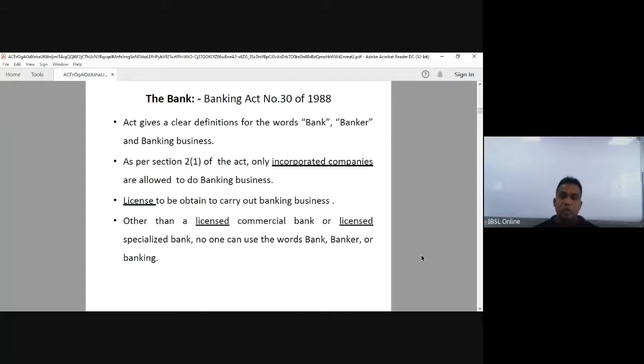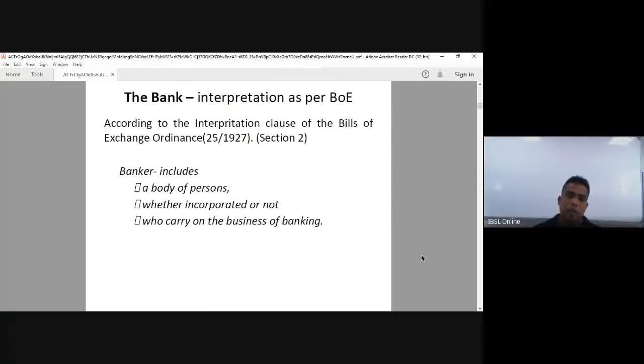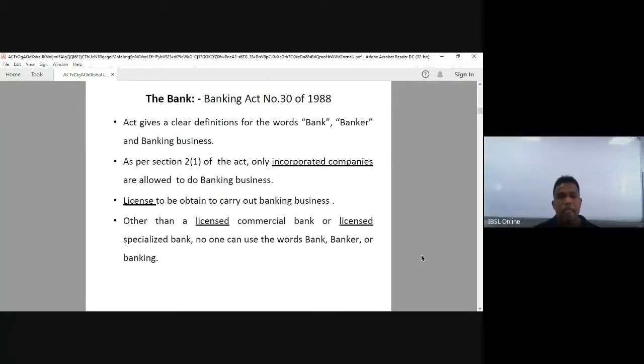As per Section 2, Subsection 1 of the Act, only incorporated companies are allowed to do banking business. Now compare this with the previous definition. As per the Bills of Exchange Ordinance, any person can do banking business. The Banking Act says only incorporated companies are allowed to do banking business.